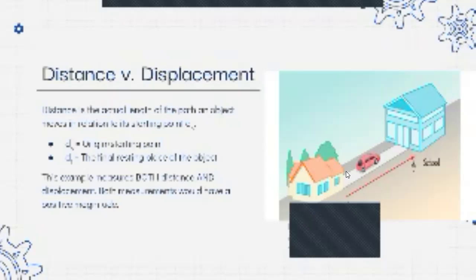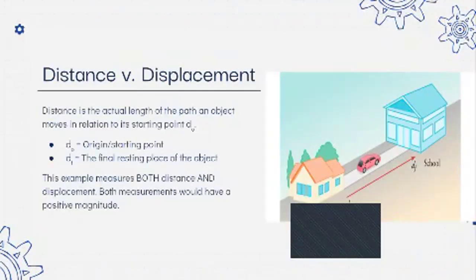So the example measures both the distance and the displacement, and both of those numbers would be positive in nature. But what's going to happen when you return from school back to your home?